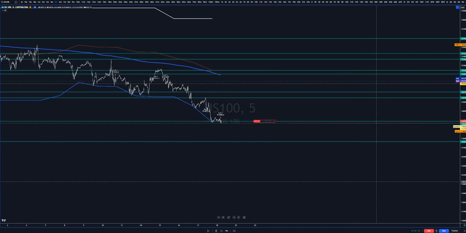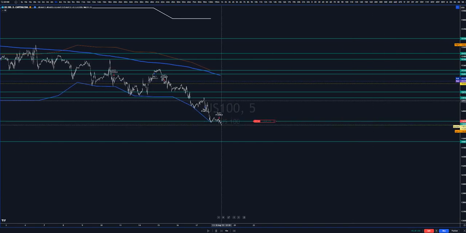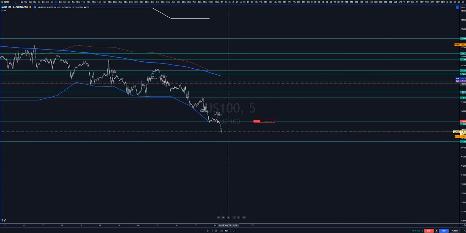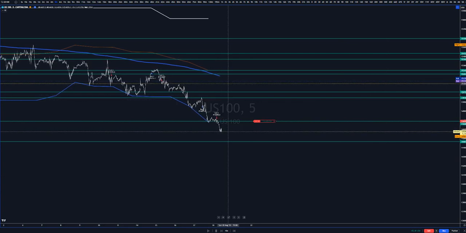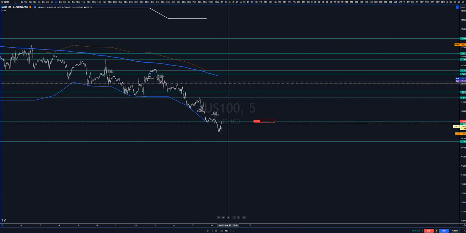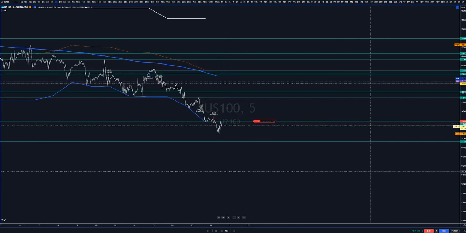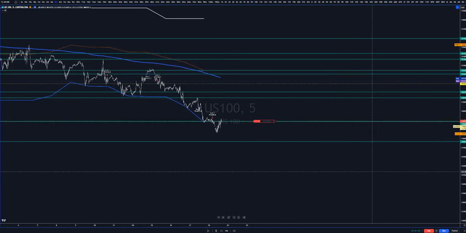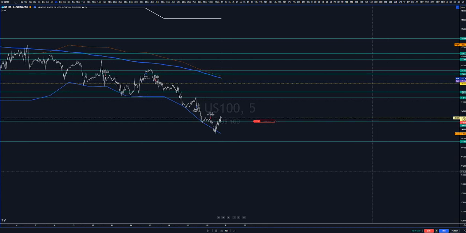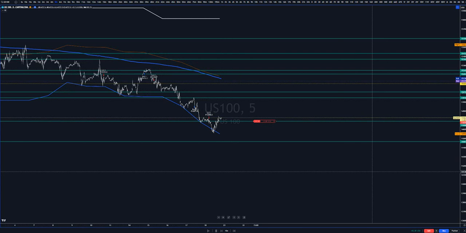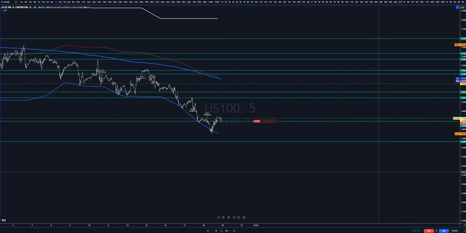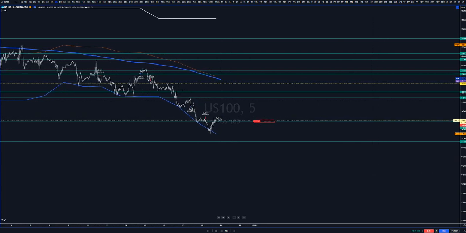So we sell and our stop is the line above. We can take out now the market, or we can let our stops at the previous level and see what will happen.